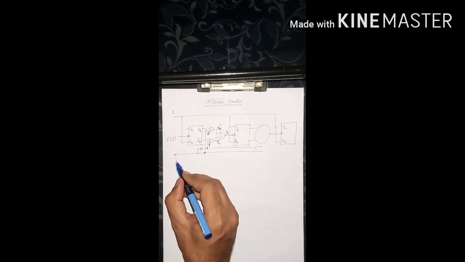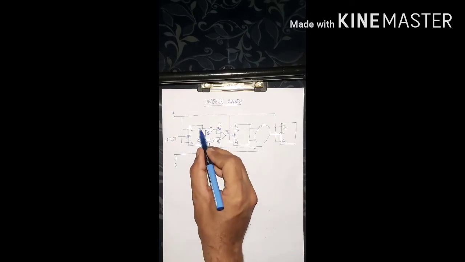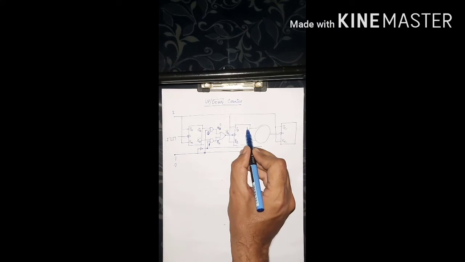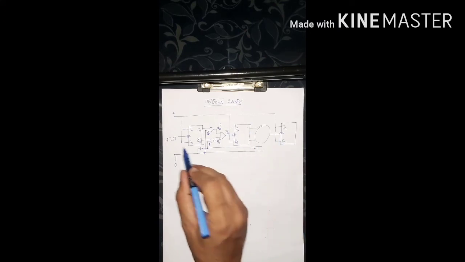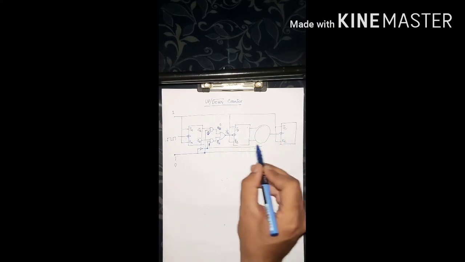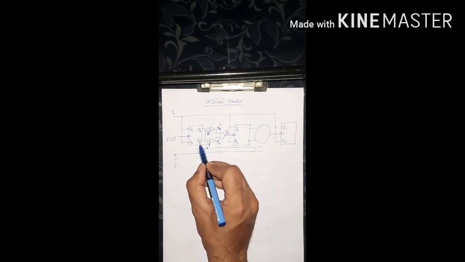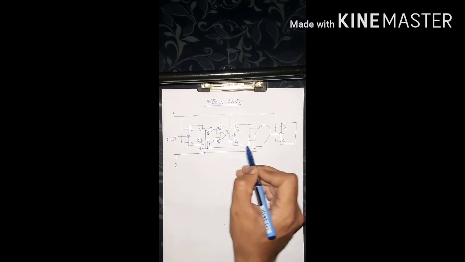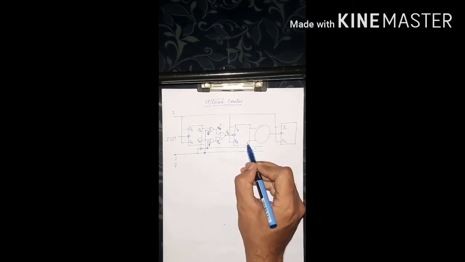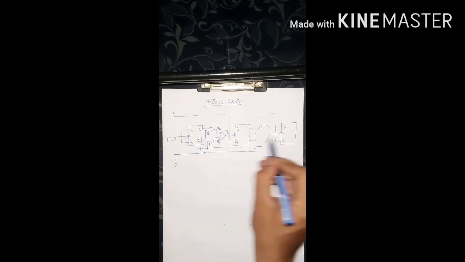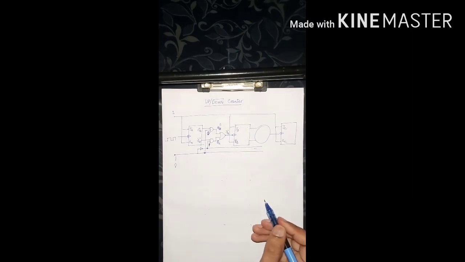So in a nutshell, if we provide 1 here, QA will be fed here, QB will be fed here, and this will act as an up counter. And if we provide 0 here, this QA complement will be fed here. Similarly, QB complement will be fed here. So this circuitry will work as a down counter.